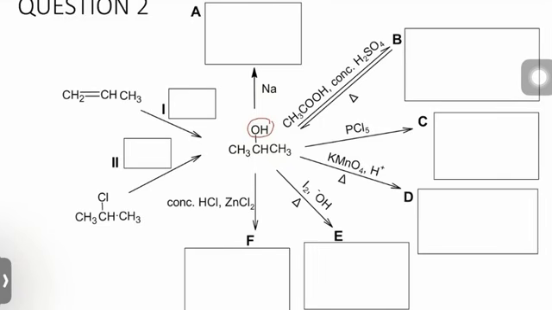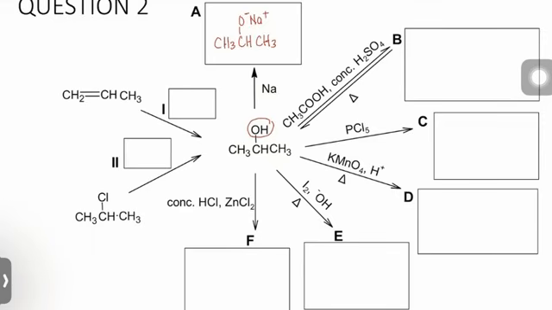With the same number of carbons, A is CH3CHCH3, and what differs here is that the OH is now turned into O minus and Na plus. So the alcohol has become a sodium alkoxide salt. Don't forget to put the charges for O minus and Na plus. So 1 mark for the structure of A.